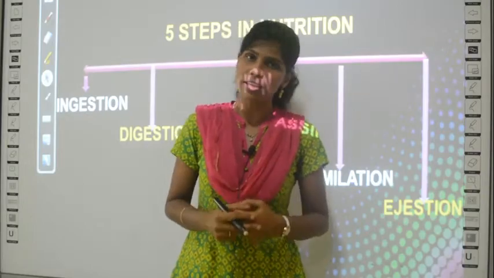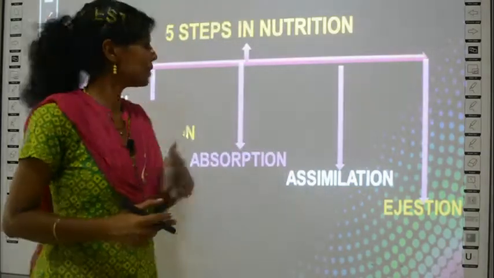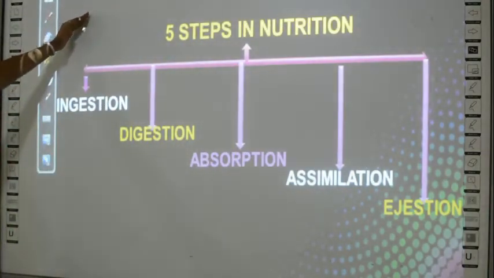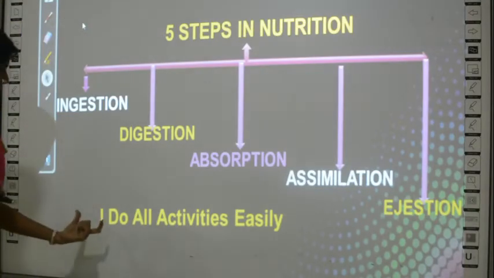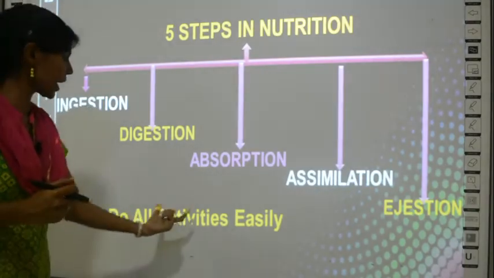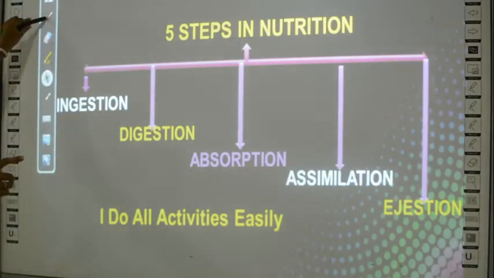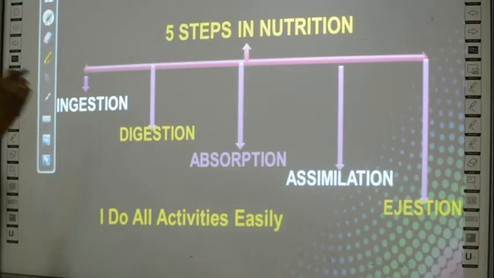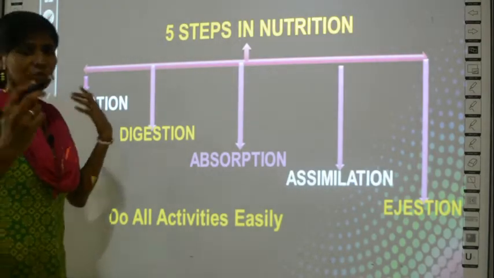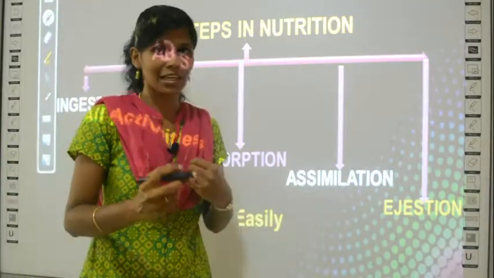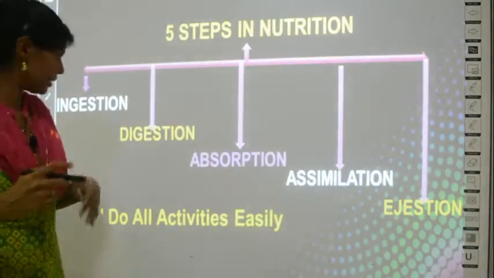I'll tell you a short trick so that you can remember these 5 terms easily. Just learn this sentence: I do all activities easily. Just to make you remember these 5 terms easily, I have given you this sentence, nothing else.